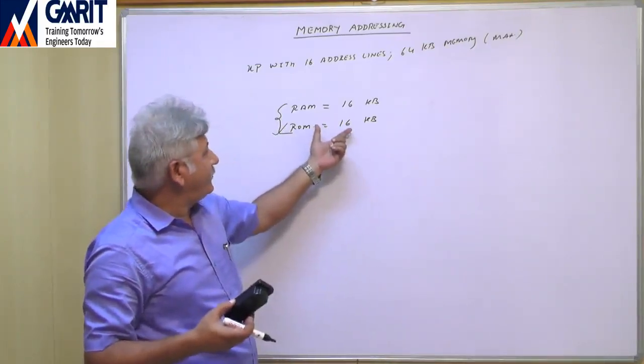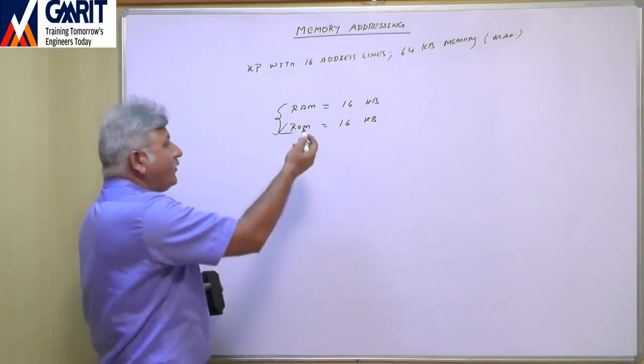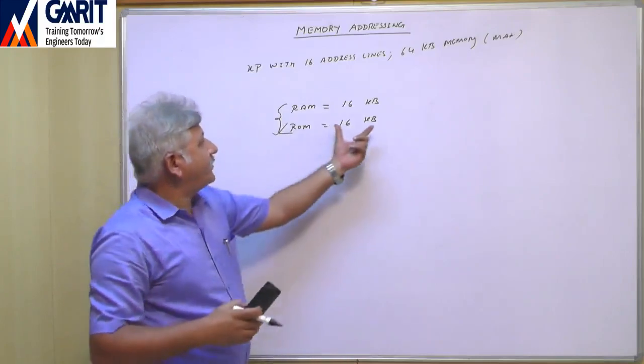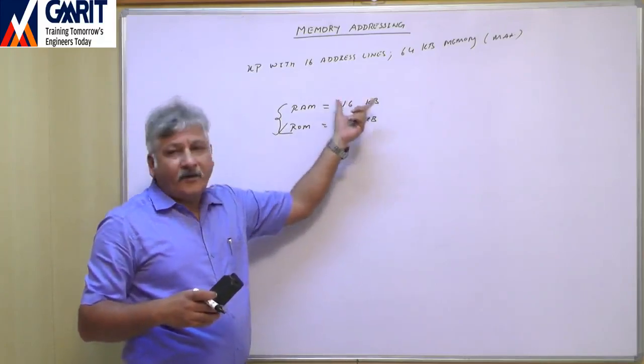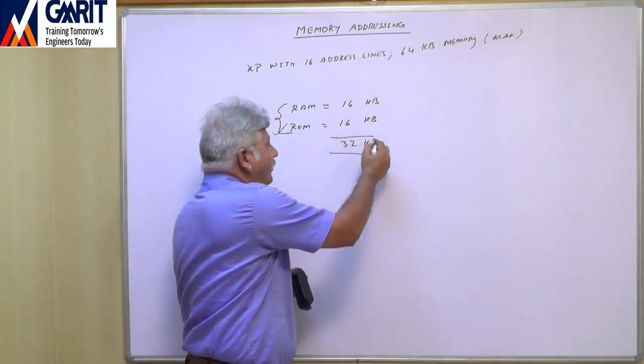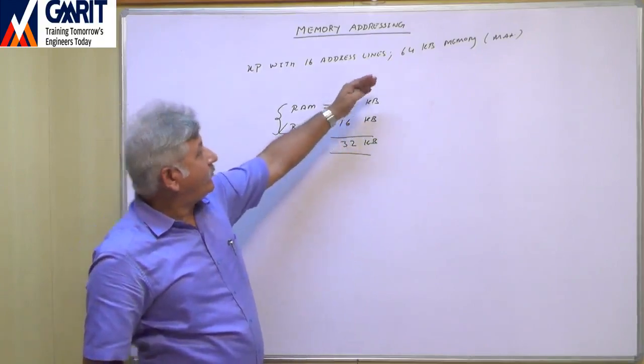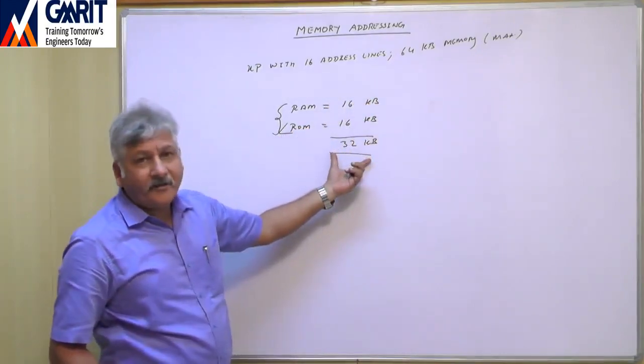Why unnecessarily should we pay extra money for the memory? So suppose in our application we require only 16 KB ROM and 16 KB RAM. So in total it will be 32 KB.